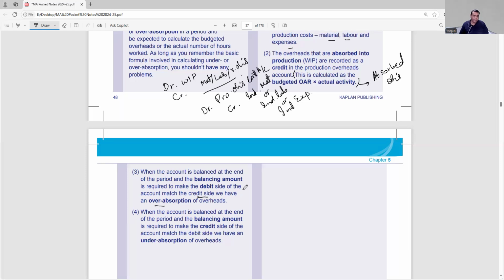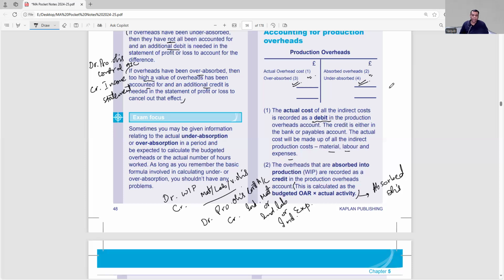We discussed earlier that if your absorbed overheads are greater than the actual overheads, then you need to balance with the over absorption. When the balancing amount is required to make the credit side match the debit side, we have under absorption of overheads. Whenever absorbed overheads are lower than the actual overheads, we are in loss, and this loss is called under absorbed, and this amount is shown on the credit side of the production overheads control account.